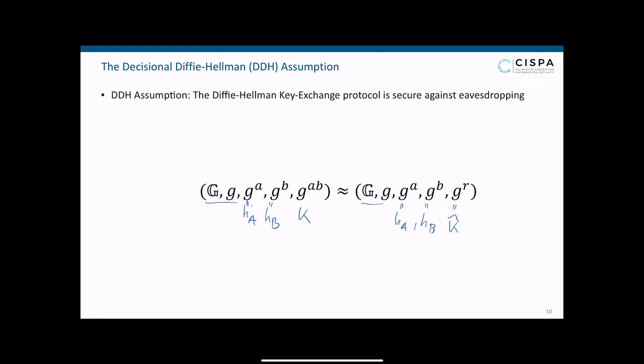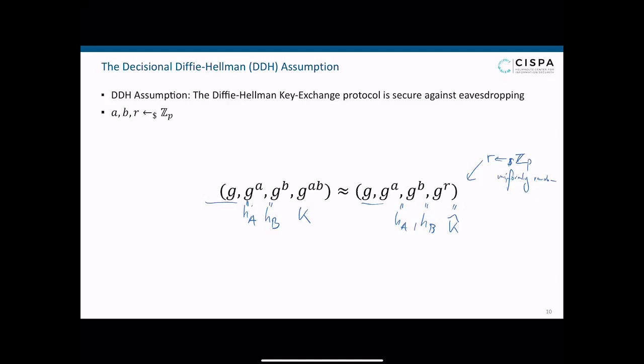And if you choose R in Z_p uniformly at random, then this K hat will just be an independent key. And this is a very nice and compact way to state the assumption that this key exchange protocol is secure, right?